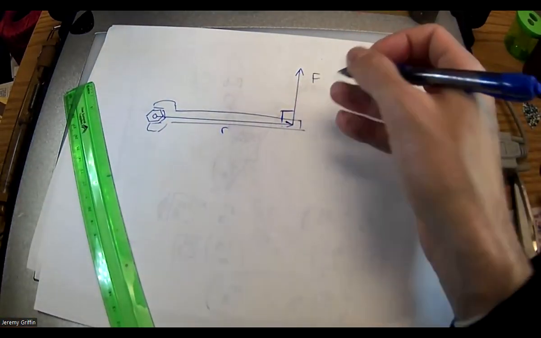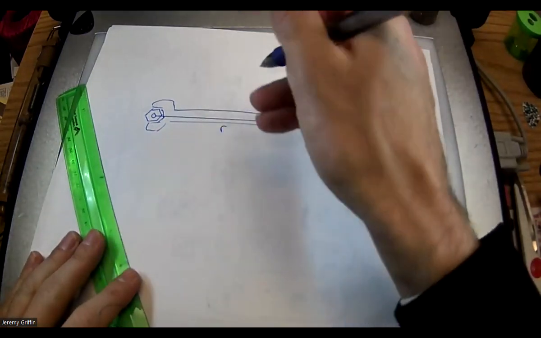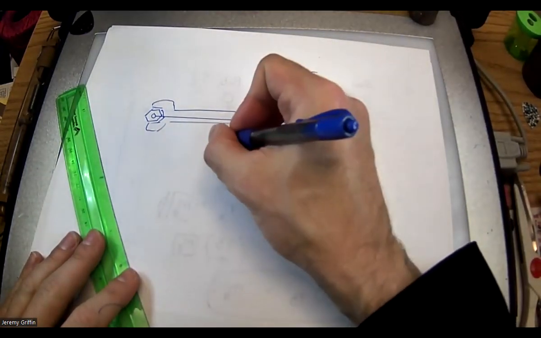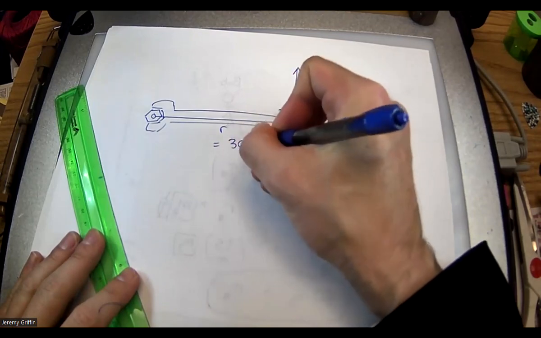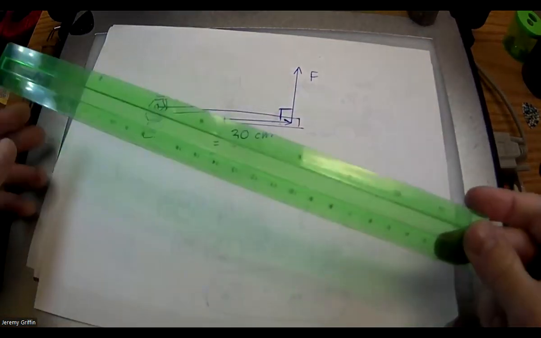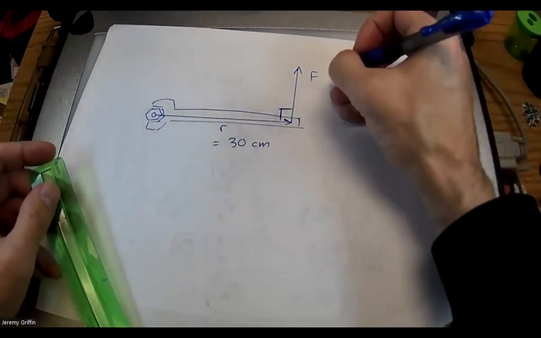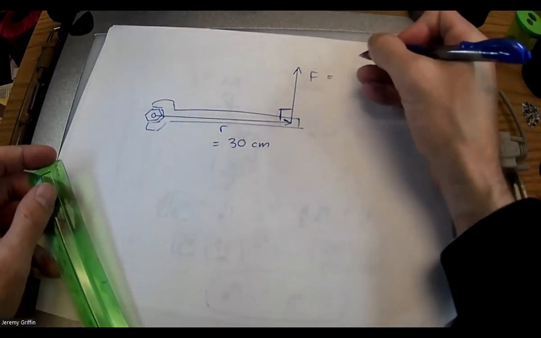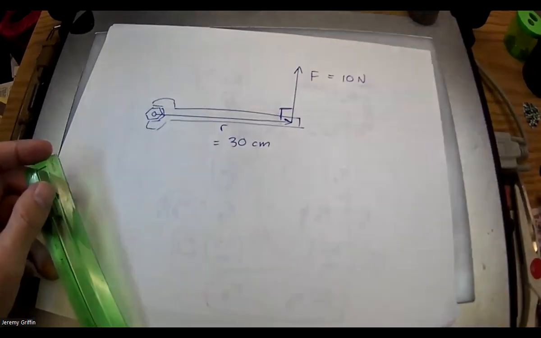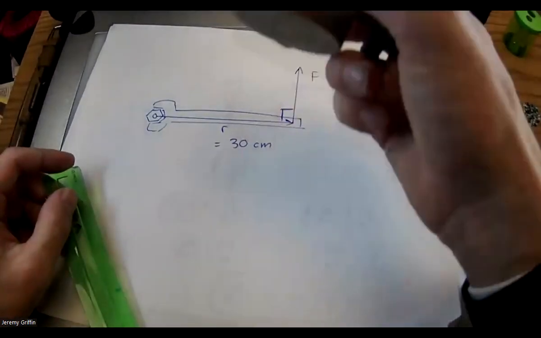Okay. Let's put some numbers to this. Let's say that this radius is like 30 centimeters, which by the way is approximately the length of your ruler. And let's have this force being about 10 newtons, which by the way is the weight of your largest lab weight.